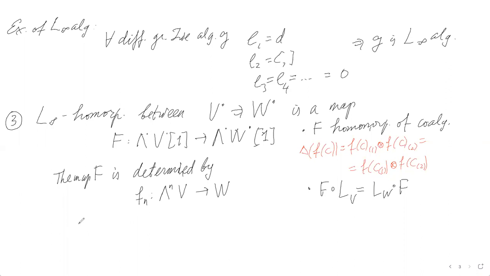So the first condition is pretty simple. F1 should commute with L1 in the sense that F1 of L1 comma V is equal to L1 comma W composed with F1. So F1 is a cochain map.